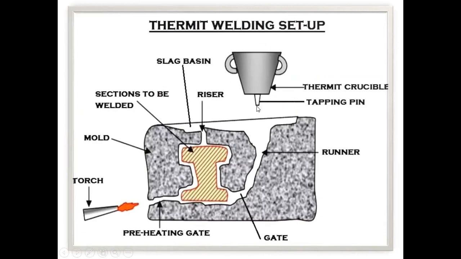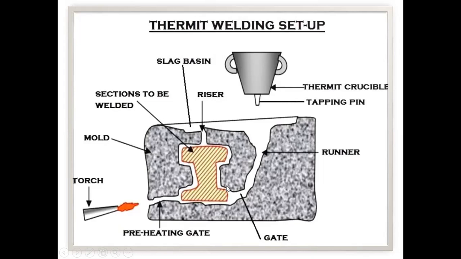This is a tapping pin which will release that molten metal, and this whole setup which we have created, the runner, the gate, the riser, is basically surrounding the parts that have to be joined. We have talked about the gap. So this molten metal will flow through this runner to the gate, to that gap we were talking about.